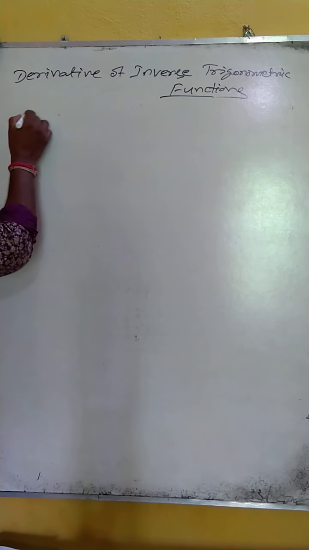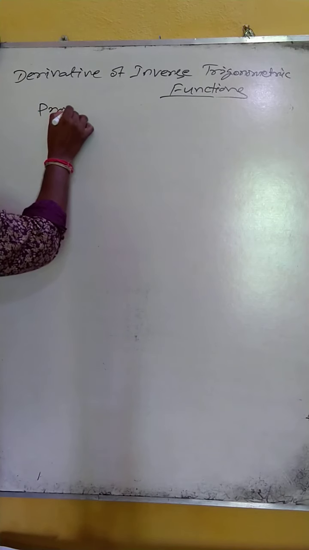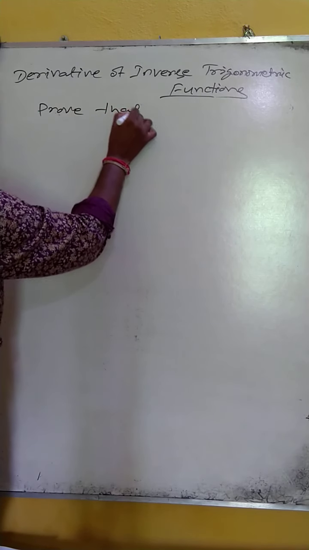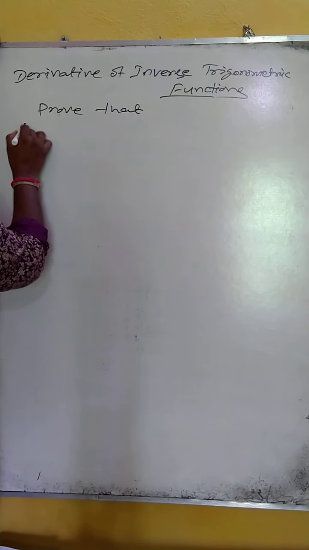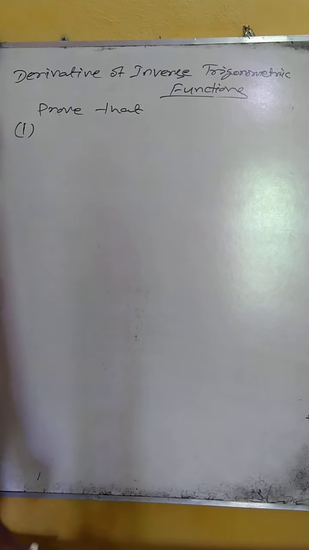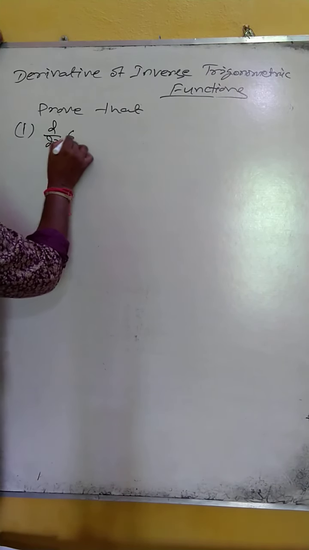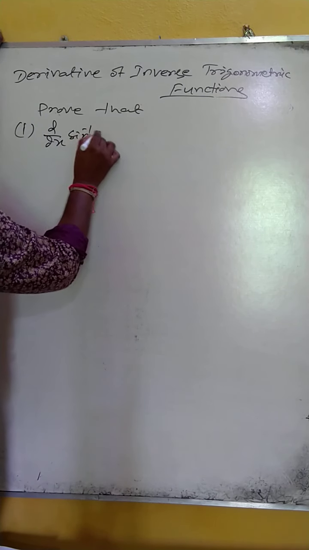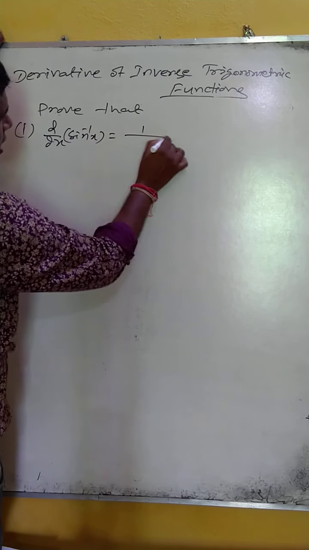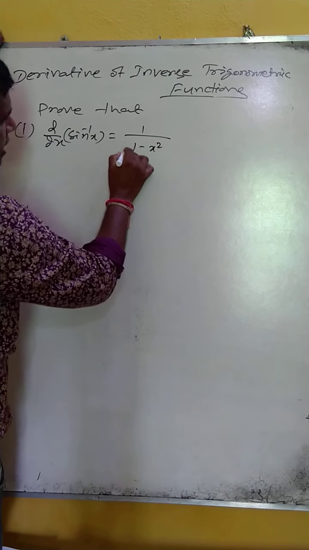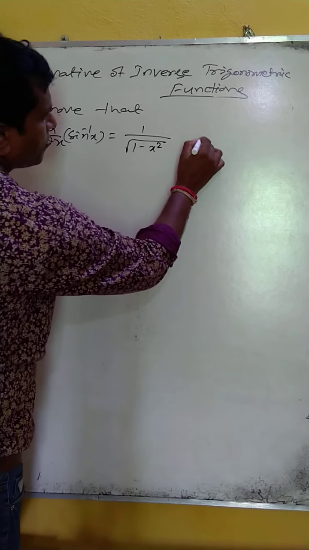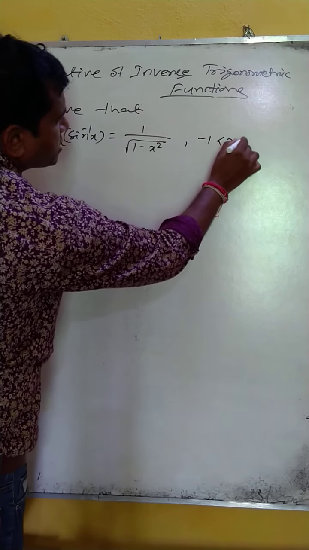Okay, prove that first one, d by dx of sin inverse x is equal to 1 by root over 1 minus x square, minus 1 less than x less than 1.